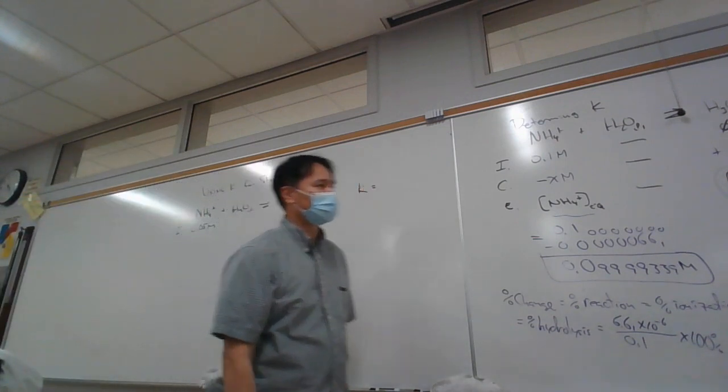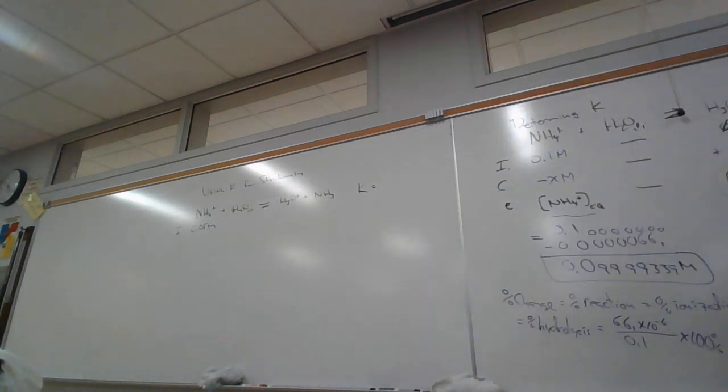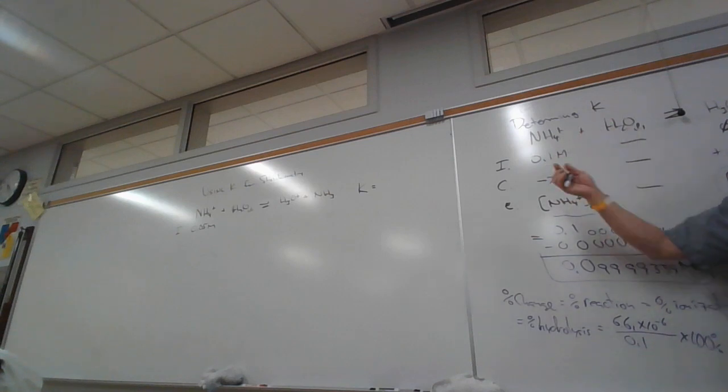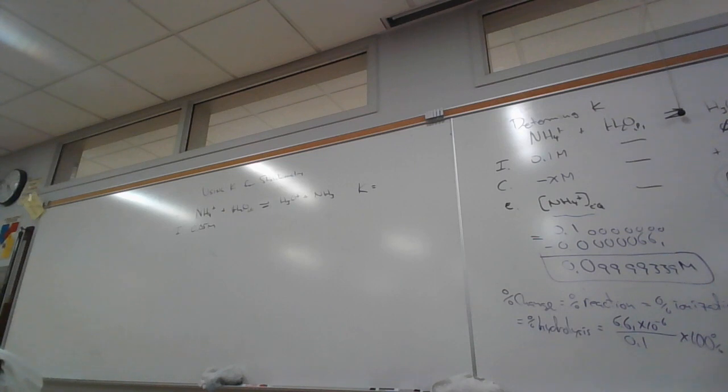We have a choice here. We could use the accepted K value, or we could just use our experimental K value. In certain respects, using the experimental K value would be more appropriate because we could have a systematic error. And the systematic error could be that the concentration of our original ammonium chloride is off. If the concentration of original ammonium chloride is off, that means K is off.